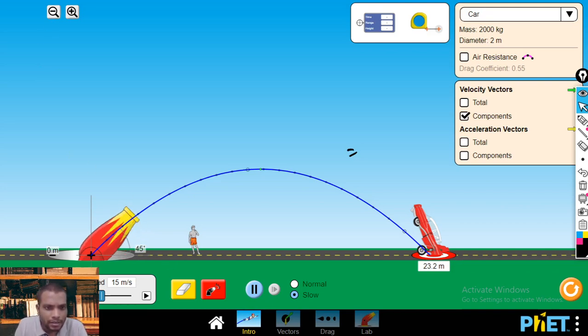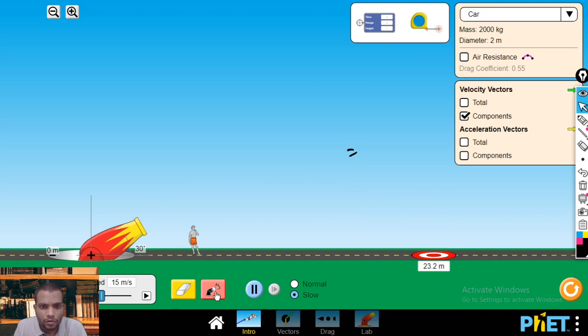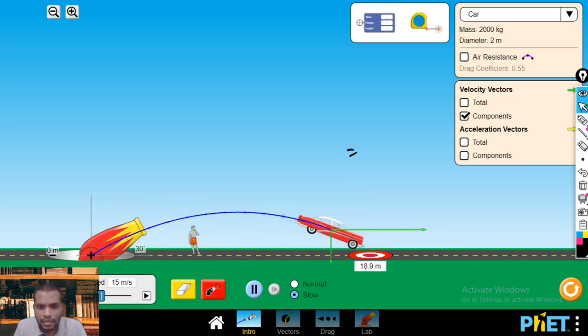So let me take the other two angles. One is 30 degrees. If I launch the projectile, the maximum range here I can guess roughly is 14.5. Anyway, I will change that to 10.